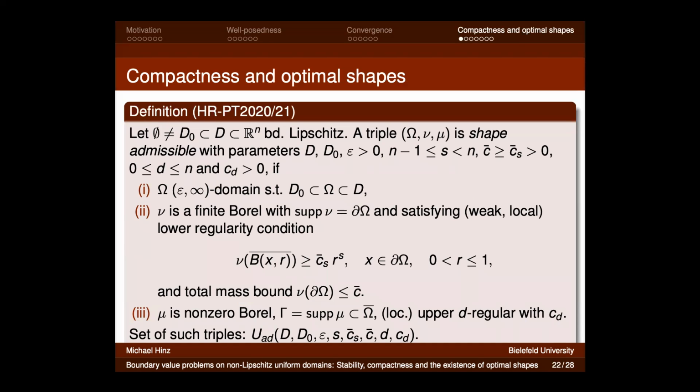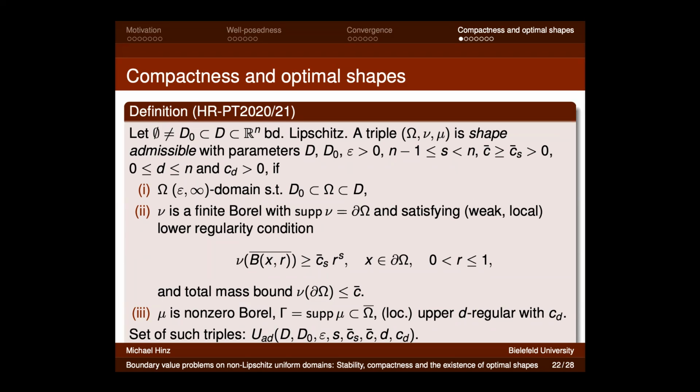Now we go to something that was not clear, that maybe is debated here, the compactness and the existence of optimal shapes. So what we do, we need to prescribe some sort of class of optimal domains. This looks horrible. Let me try to bring it down to earth somehow. So we look at triples, and this can be reduced a little bit, but let's look at triples: omega, nu, and mu.